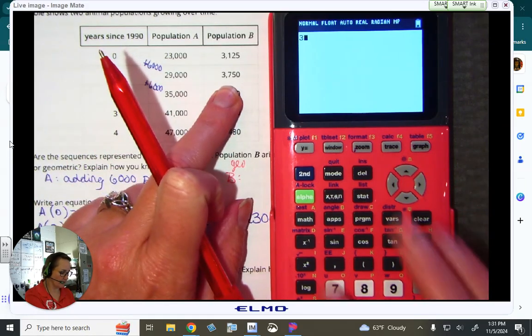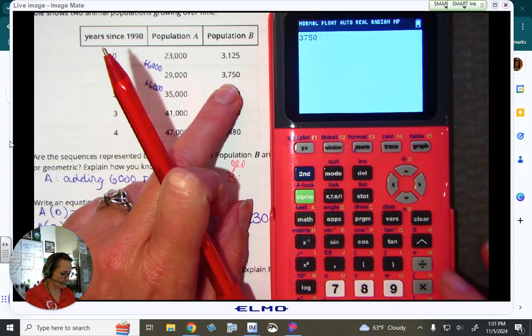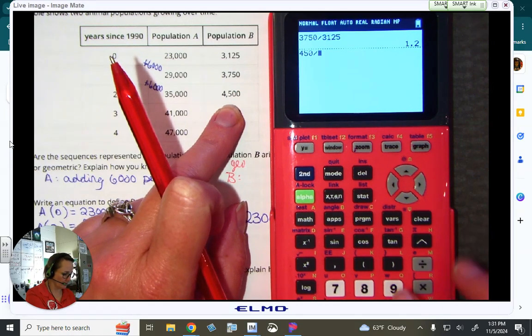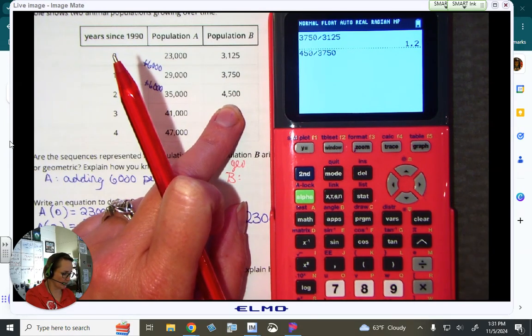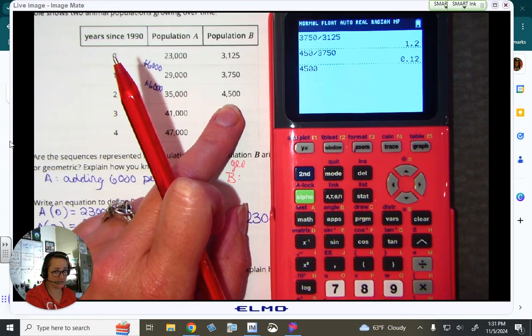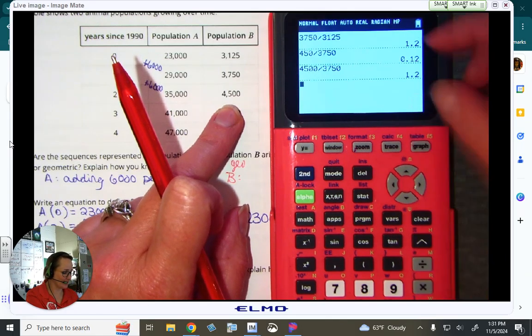I should be able to divide 3750 by 3125, and I get a 1.2. Let's just double check that the same is true for a different pair of numbers. If I take 4,500 and divide it by 3,750, there we go.